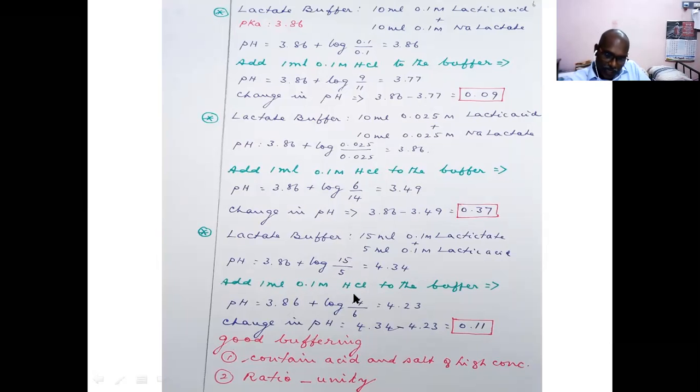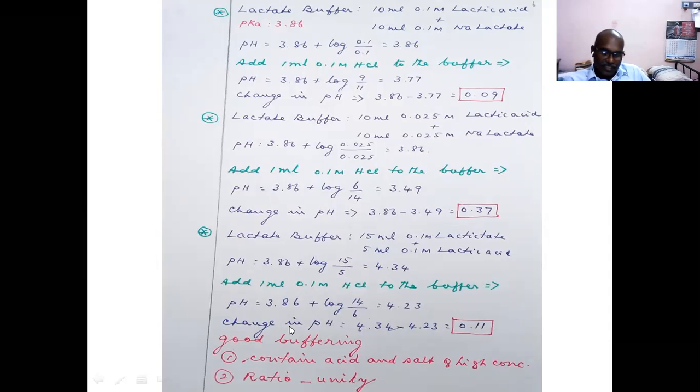Therefore, the sodium lactate quantity has now become 14 ml and the acid quantity has become 6 ml. Therefore, the pH of the buffer after the addition of 1 ml of 0.1 molar hydrochloric acid is 4.23.